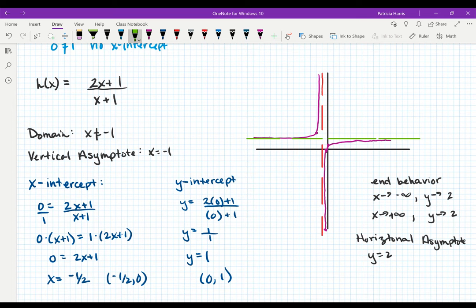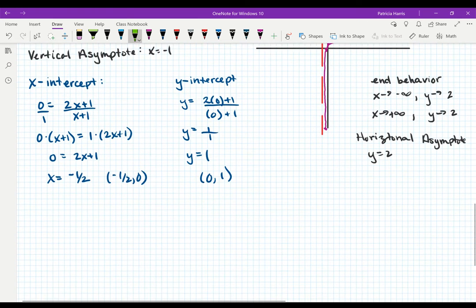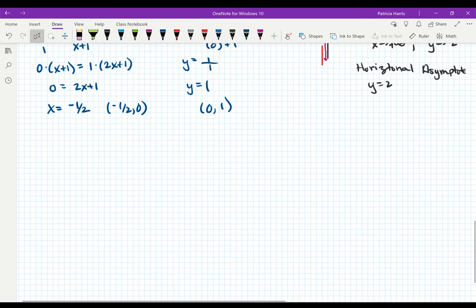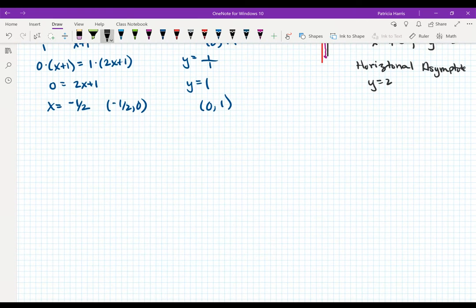Now let me show you a little shortcut as to finding those kind of asymptotes. Okay, just really quick. And this will be a little bit quicker for you than maybe thinking of it as x approaches infinity and negative infinity.